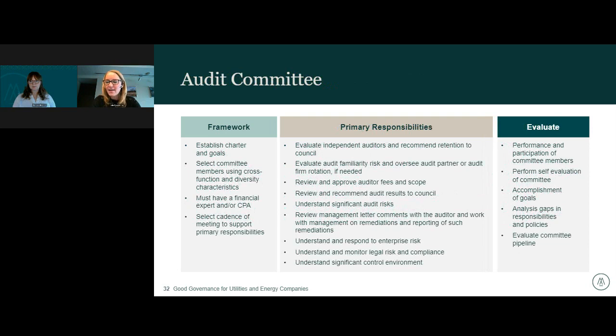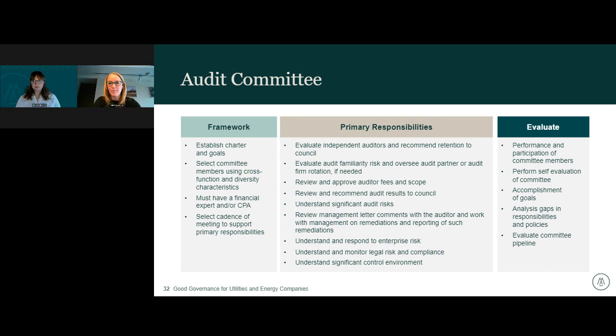And then finally, what's near and dear to my heart as an auditor is the audit committee. Same thing, but the one thing that's probably different is we said a must-have, and I know not every organization has the capacity to do this, but have someone in the chair seat who has a financial mindset or financial understanding.